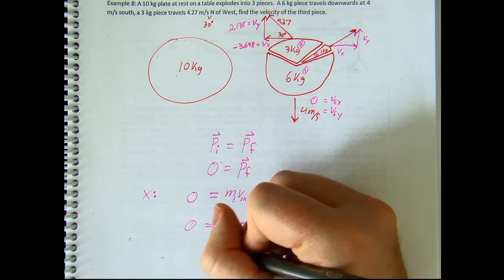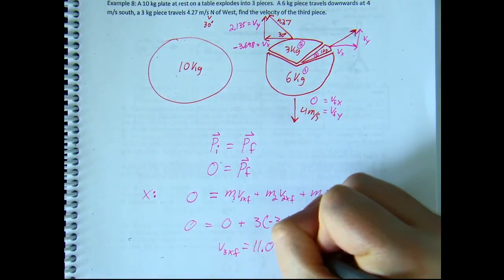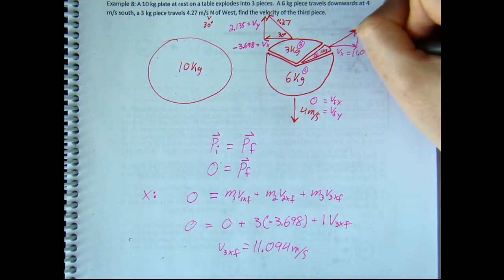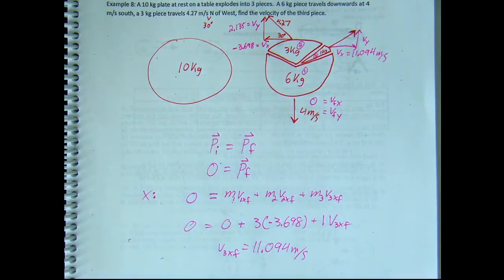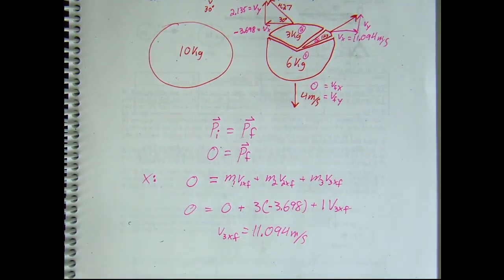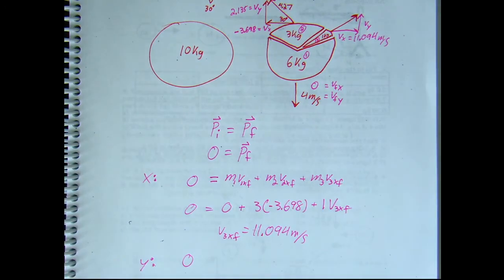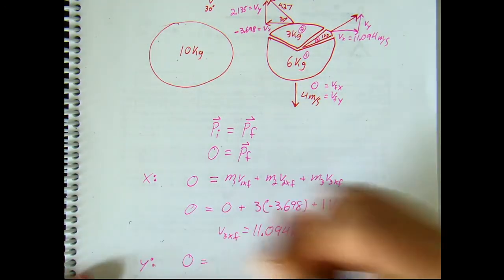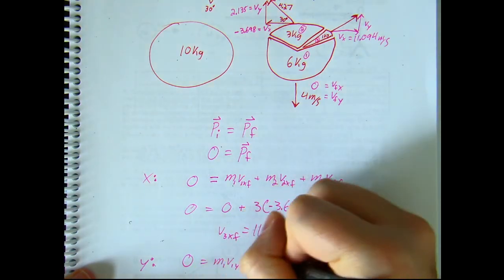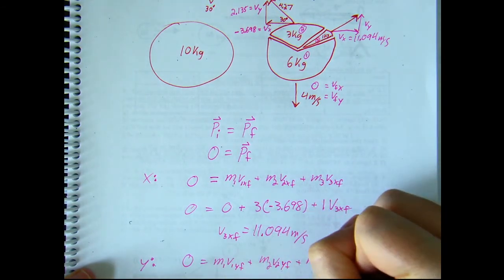We're going to get a v3x final of 11.094 meters per second. So I can put that up here, 11.094 meters per second. And then I'm going to slide this down here, and we're going to do the same thing with our y's. Initially, again, it's stationary. So it's going to be 0 equals m1 v1 y final plus m2 v2 y final plus m3 v3 y final.